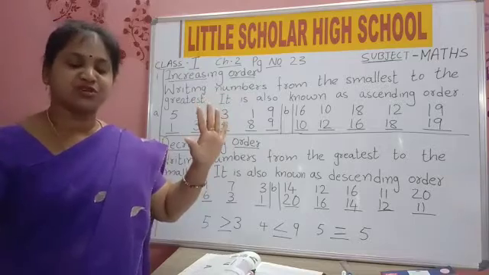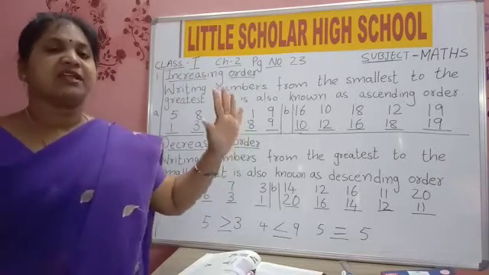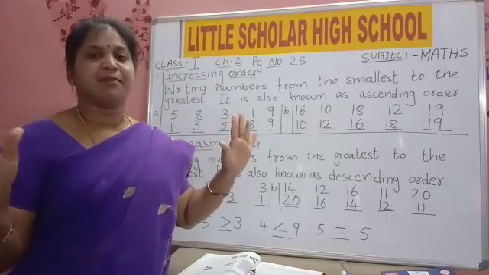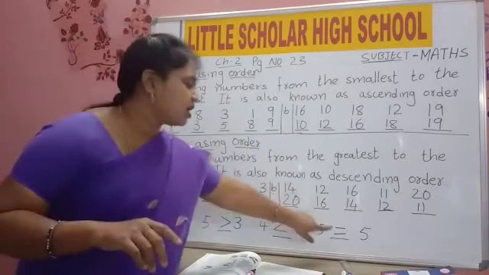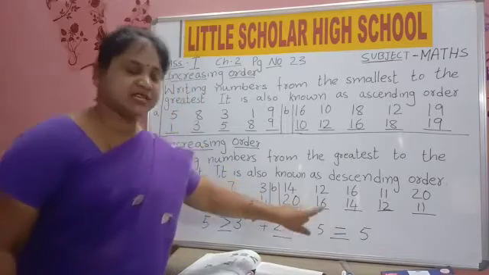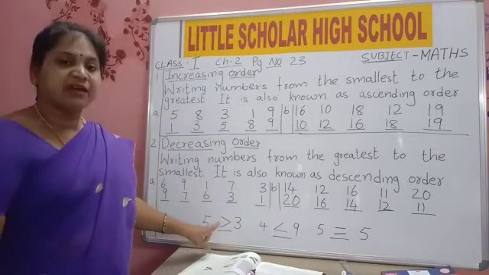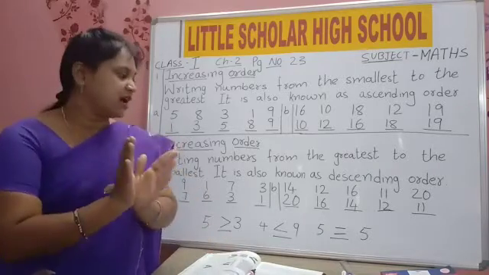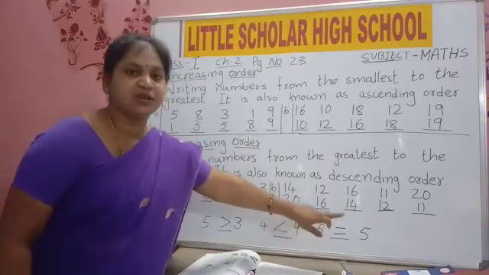Your friend have 5 chocolates, you have 5 chocolates. Then both are equal. Both of them have same number of chocolates. So this is called equal to sign. Is it clear, children? Wherever the number is big, mouth will be open towards the big number. And this is known as equal to sign.